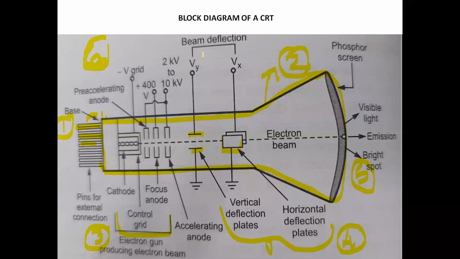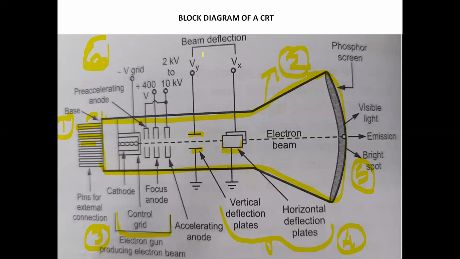First one is the base. From the base there are some pins. The pins are used for the external connection. And the second one is the glass envelope, in which all the other sections are included. And the third section is the electron gun section, where the electron beam is produced.